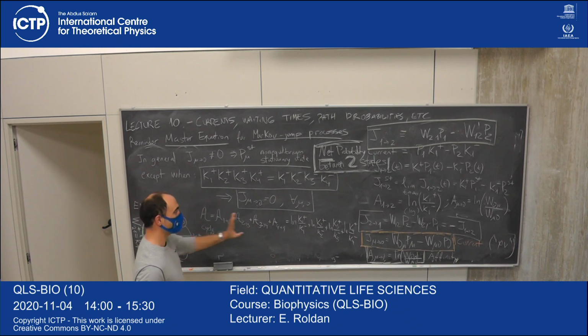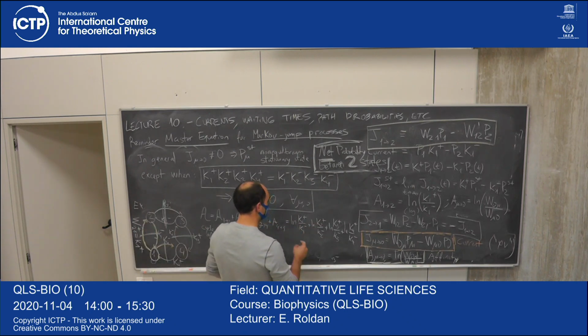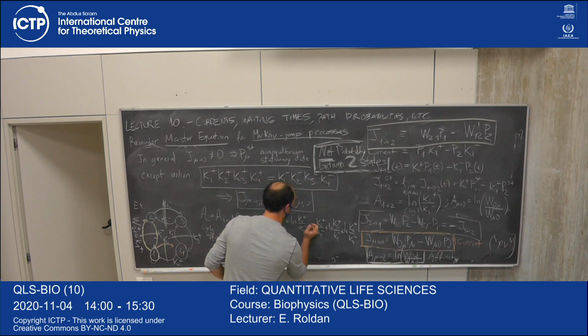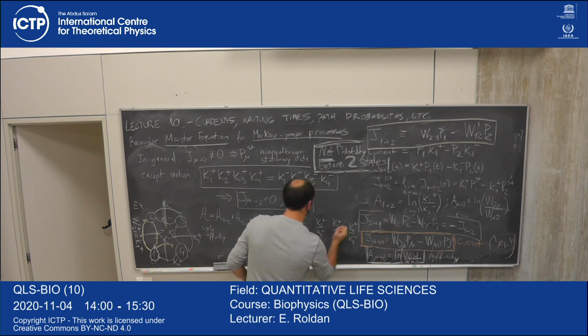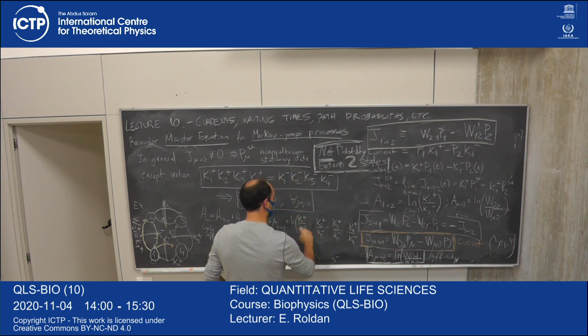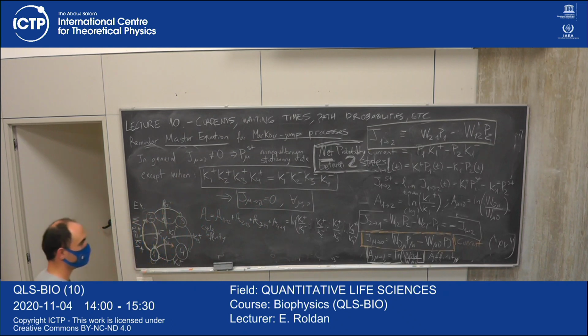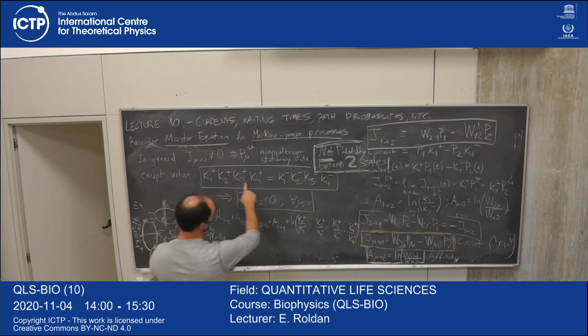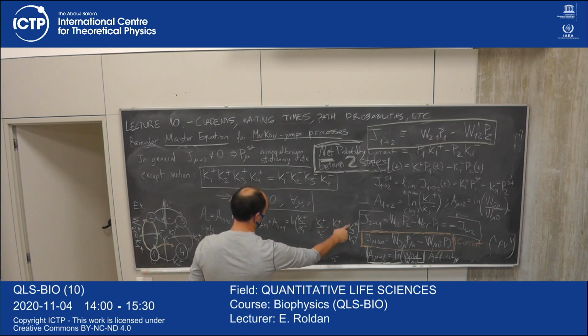Next, the sum of the logarithms is the logarithm of the product. So if we take this out, take this out, and this is this. Do you follow me? Yes? Okay. So this is the log of K plus, K plus, K plus, K plus divided by K minus, K minus, K minus, K minus.